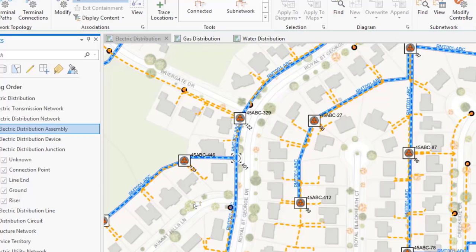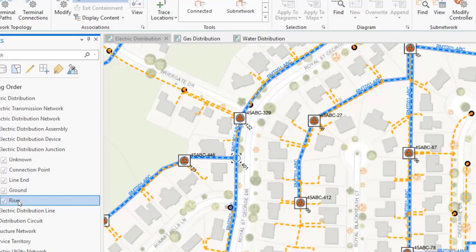One particularly interesting feature of electrical junctions are these things called risers. Some electrical wires are above ground, some are below ground. To go from above ground to below ground, you need a riser. This riser is simply the mechanism that takes the wire from underground to above ground or above ground to below ground for you to be able to connect an underground line to an above ground line.